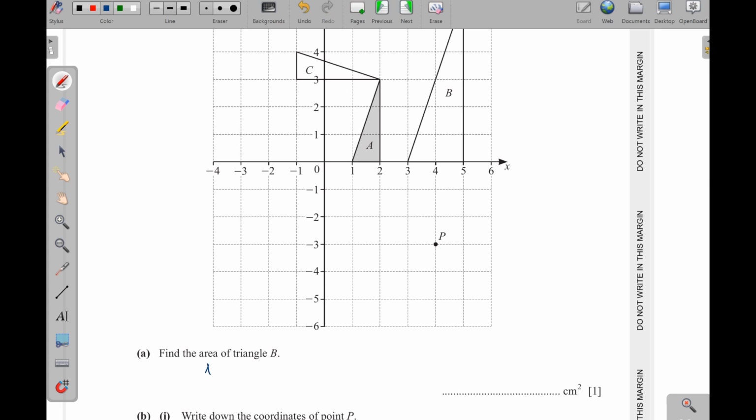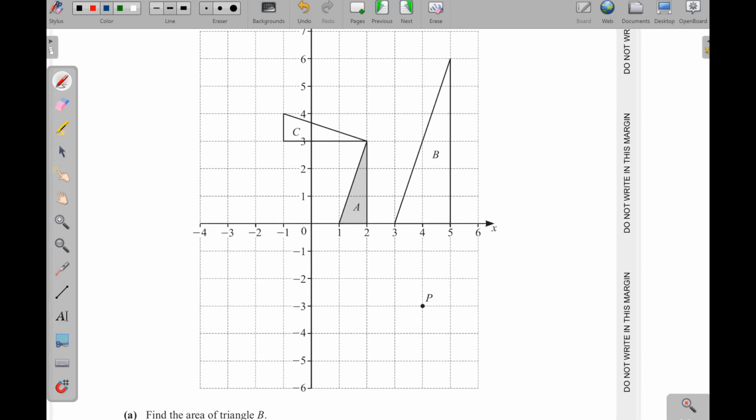So area of a triangle, you know that it is a half, then base times the height, not so? So a half times what is the base? They told us triangle B. So the base is 2 units.